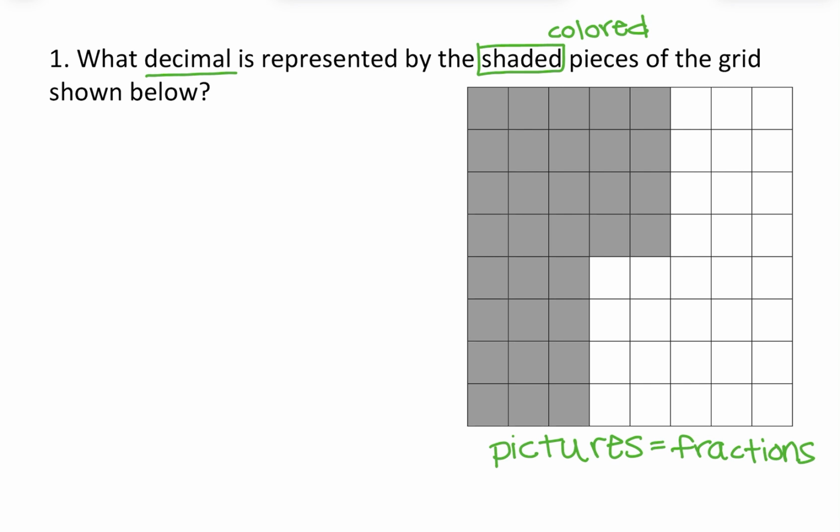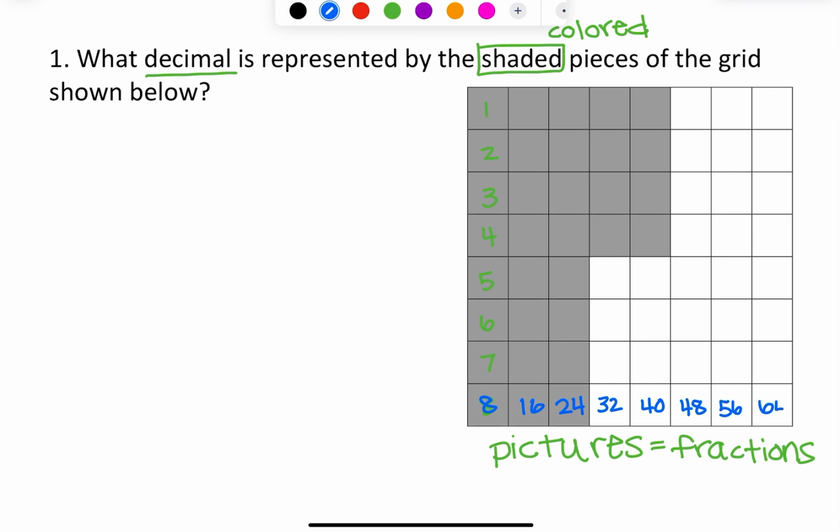So to start counting, I am going to count 1, 2, 3, 4, 5, 6, 7, 8. Let me use a different color. I have 8 here, so that means I'm going to have 16, 24. And if I keep going, every row has 8, so 32, 40, 48, 56, 64.